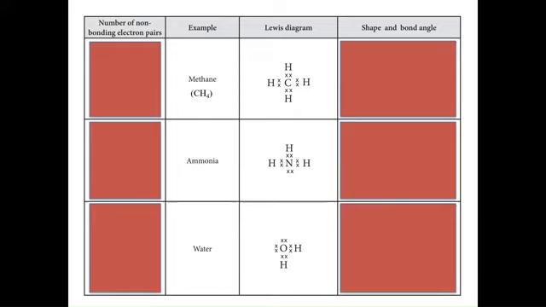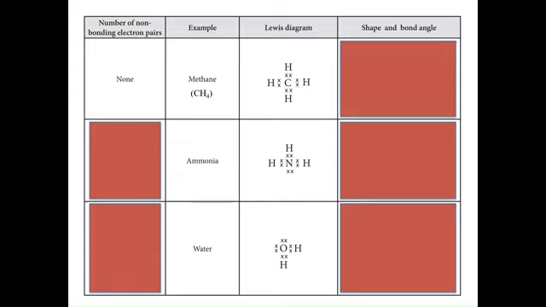The next thing I need to do is count up the bonding groups and the non-bonding groups. By identifying how many bonding groups and non-bonding groups I have, I can then classify which geometrical electron group arrangement this molecule belongs to, and then which molecular shape it has. Methane has 4 bonding electron groups, and so it has 0 non-bonding.